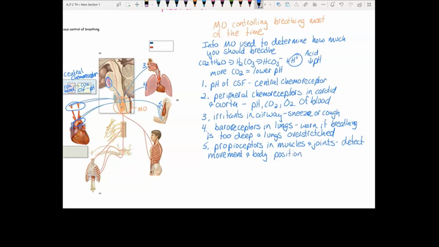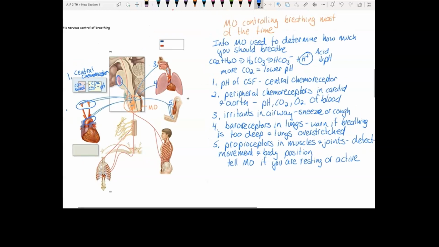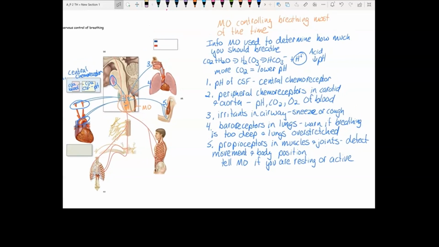This is where if you close your eyes and touch your nose, you're using your proprioceptors. They're the ones that know where all your body parts are. They tell your medulla oblongata if you're resting or active. Okay, so that's the information. The blue lines here are all representing information that's going to your medulla oblongata.